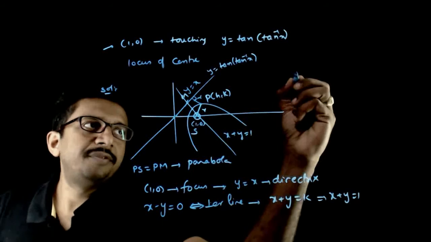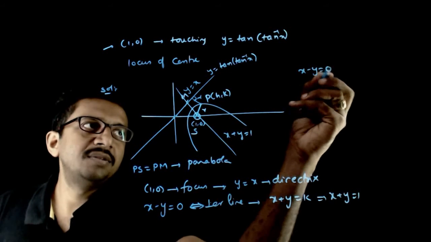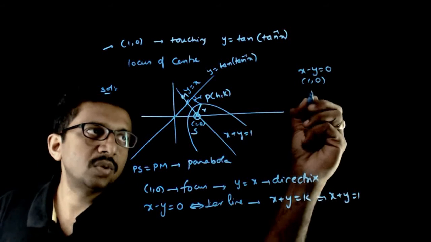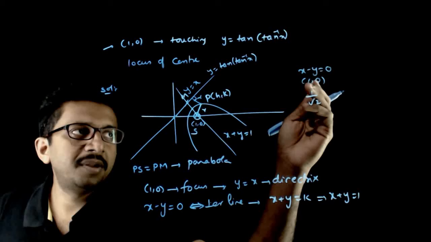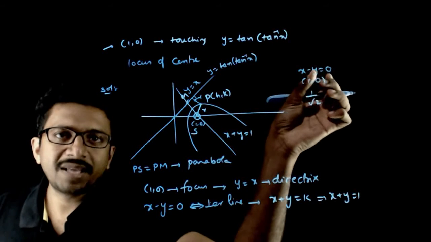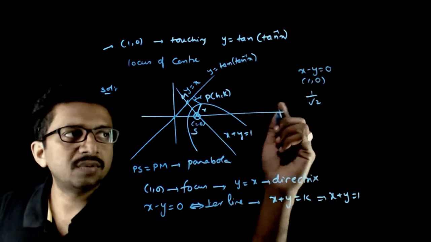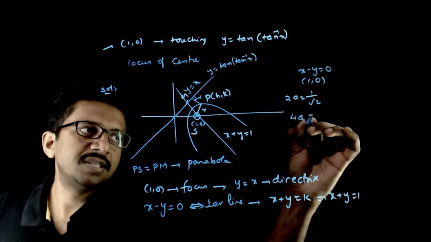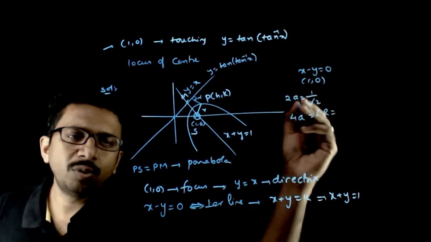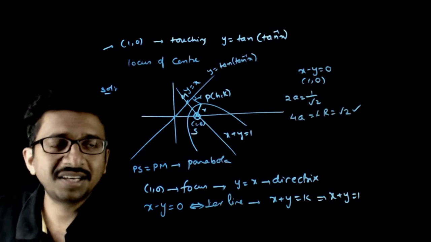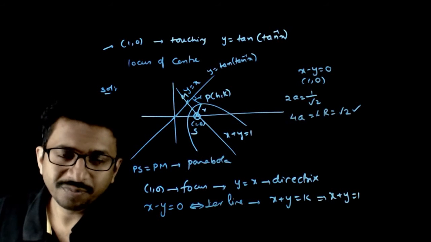So if you have x minus y equals 0 and the point (1, 0), the distance between these two is 1 by root 2. You know the formula: substituting (1, 0) on this line, 1 minus 0 by root of 1 squared plus 1 squared is 1 by root 2. This is nothing but 2a. So 4a, which is the latus rectum, is 2 times this, which is equal to root 2. So the latus rectum of this parabola is root 2.